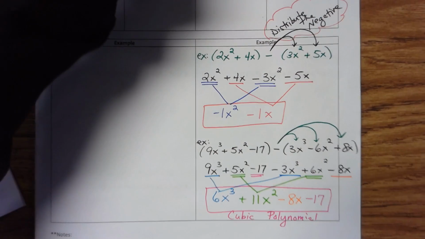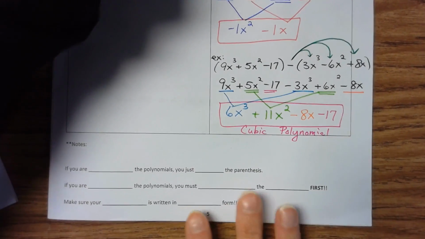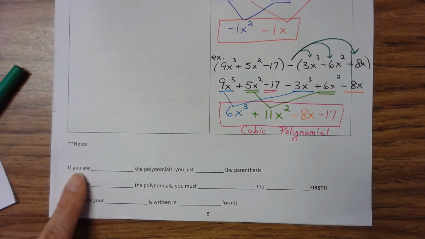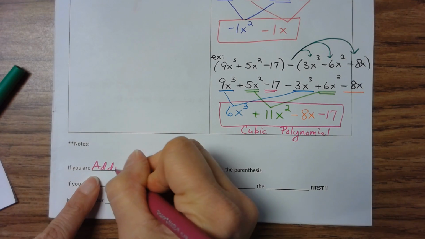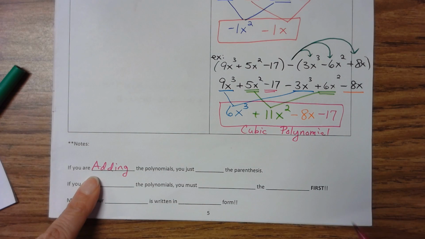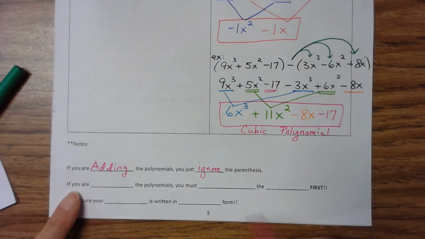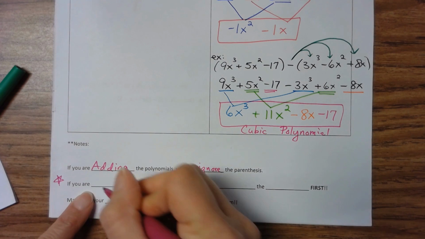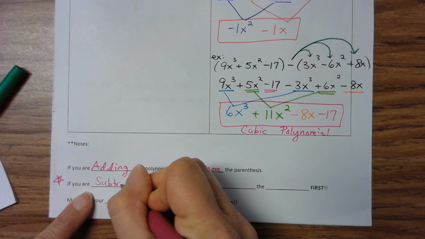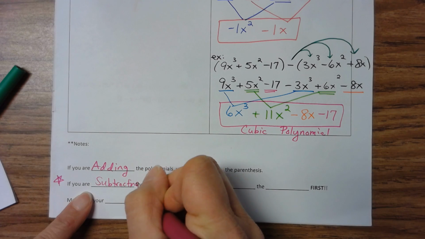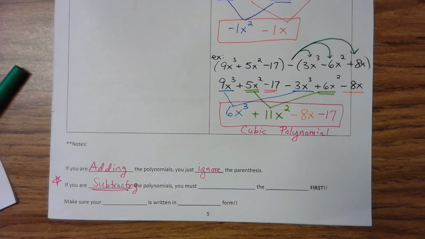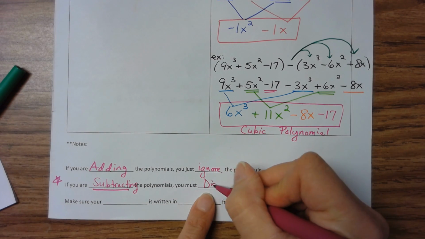Okay, so just to recap, the notes down here, some of this you should have filled out already. If you are adding the polynomials, you just ignore the parentheses. No big deal, okay? But today we learned that if you are subtracting the polynomials, you must distribute.